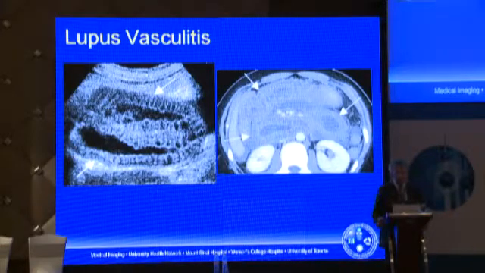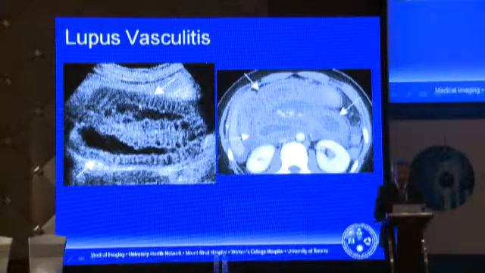This is an interesting patient who had known systemic lupus, and this is lupus vasculitis. So this is small vessel vasculitis in the bowel, where we see this very uniform edematous thickening of the valvulae conniventes.